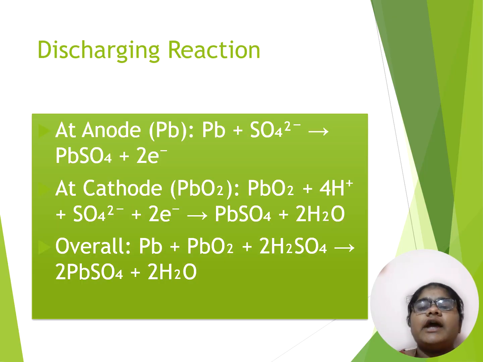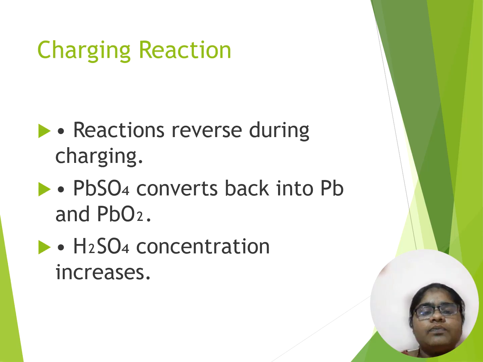Discharging reaction. At the anode, lead reacts with sulfate ions to produce lead sulfate. At the cathode, lead dioxide reacts with sulfate ions and 4 hydrogen ions to produce lead sulfate. The overall reaction produces lead sulfate. Both anode and cathode produce lead sulfate and the equations are balanced.